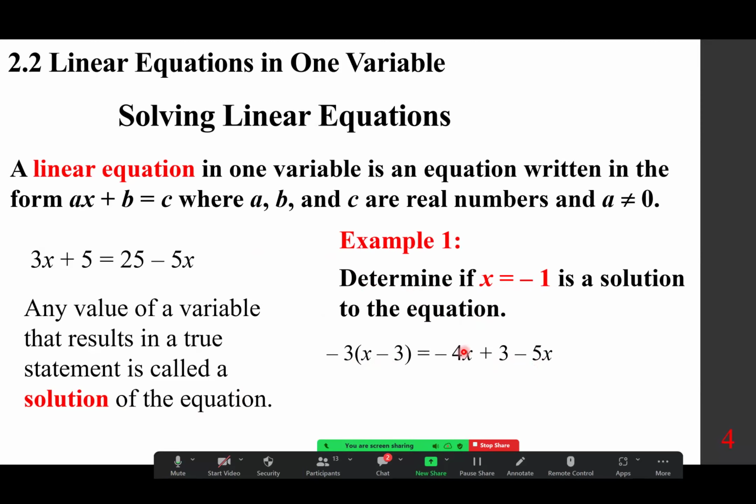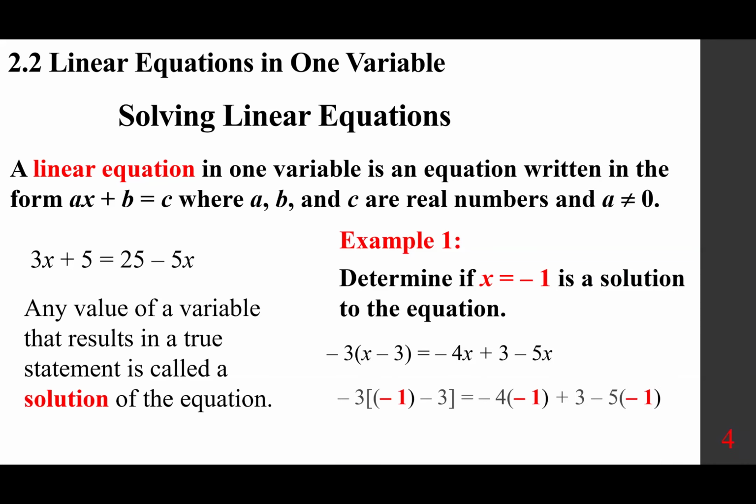Replace the x here, here, and here with -1. -1 minus 3 is -4. Minus 4 times -1 is +1. This remains as 3. This is +5 because -5 times -1. As you can see, the product on the left side is 12, and 4 plus 3 plus 5 is also 12. Because this is a true statement, yes, this is a solution.